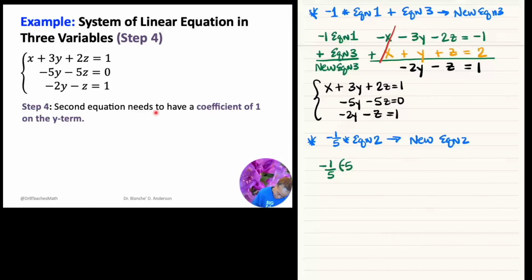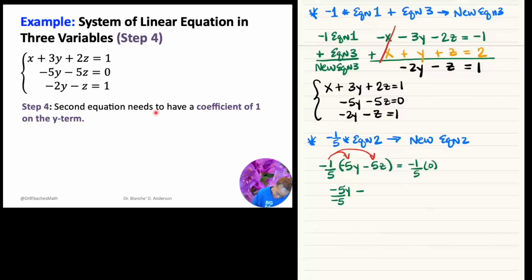Minus 5y minus 5z equals 0. And whatever I do to one side of the equation, I have to do to the other. We know anything times 0 is 0. So when I do the distributive property with this, I get minus 5y over minus 5, right? Because it's a negative and a negative.